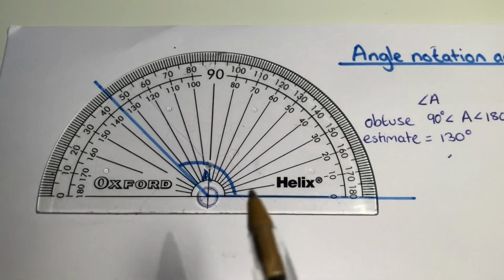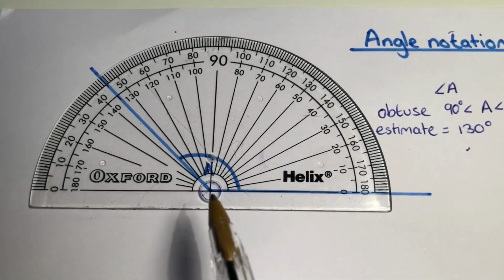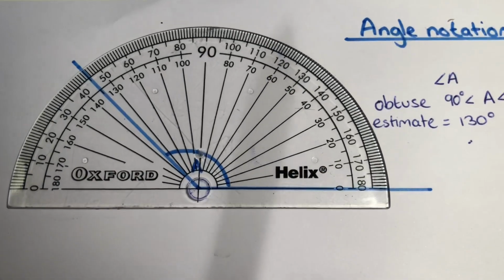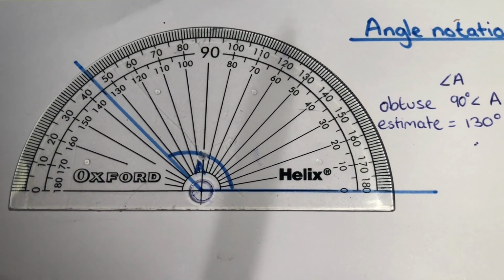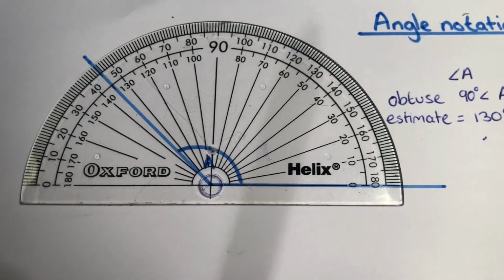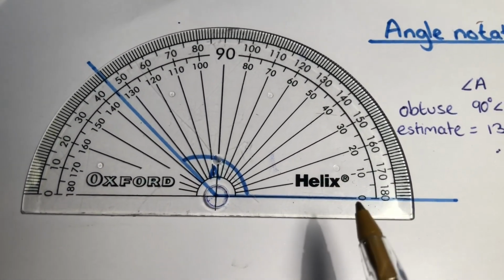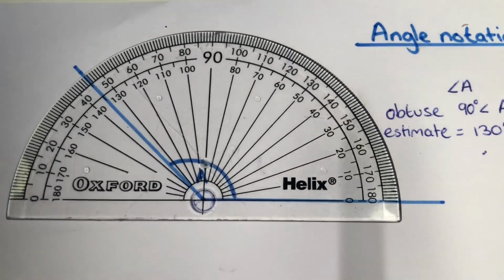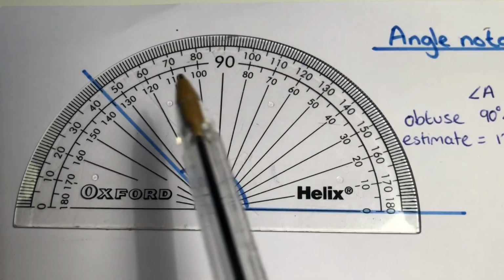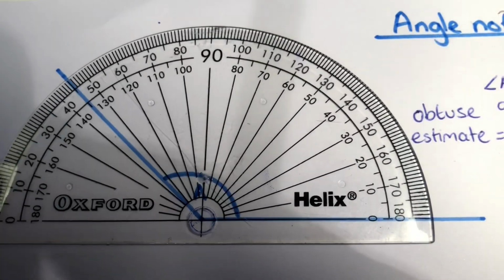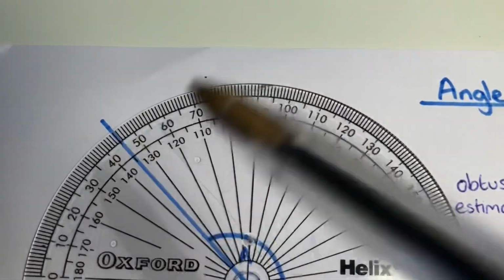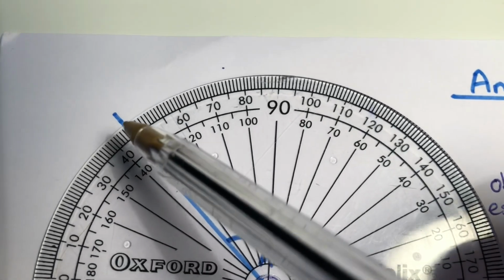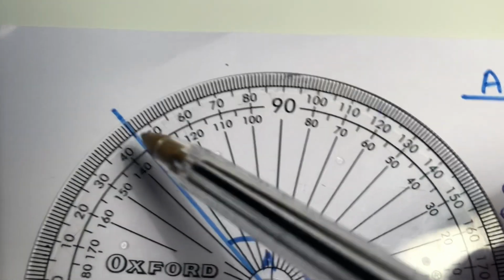Lastly then, let's measure angle A. So again, center mark is above the vertex, and the arm of our angle has the baseline exactly over the top of it. We need to see where the 0 is that passes on that bottom angle arm. So here it is. So we're going to be using the inside scale. We then find what number or dash the other arm is level with, and you can see it's exactly there.